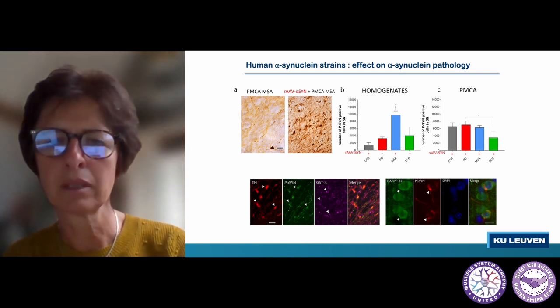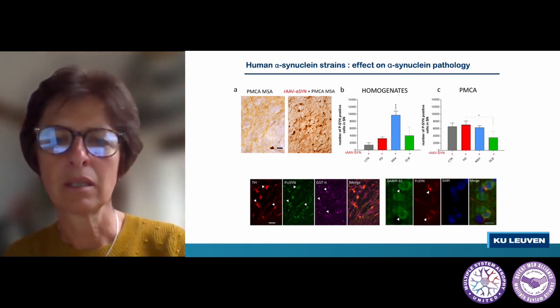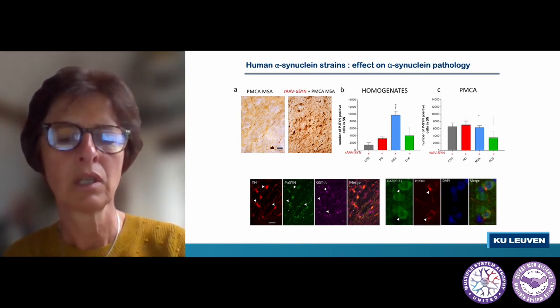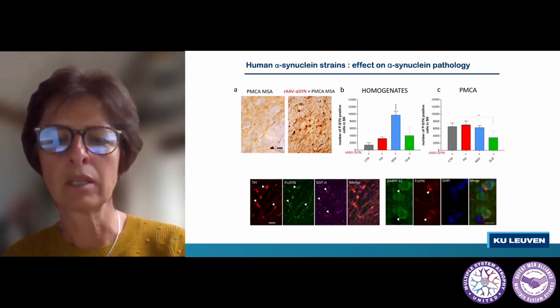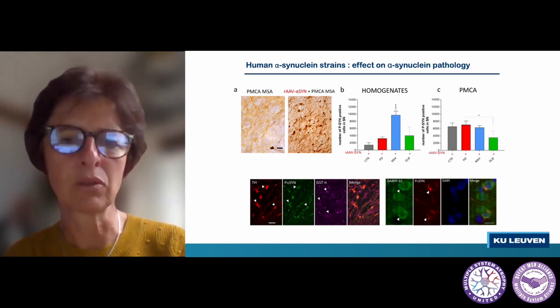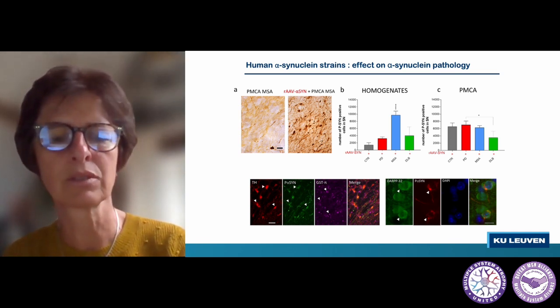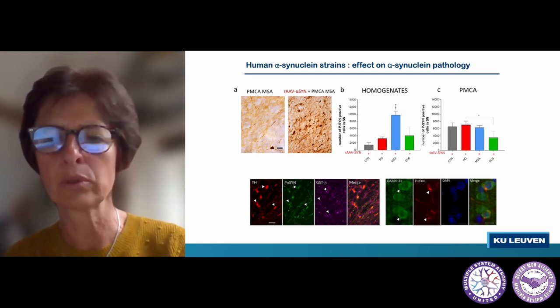And also here, you see that the MSA homogenates induced many more phospho-alpha-synuclein positive inclusions. We found them in dopaminergic neurons or in striatal DARPP-32 medium spiny neurons. We did not find inclusions in oligodendrocytes. So it seemed like in our conditions, we had only neuronal inclusions.